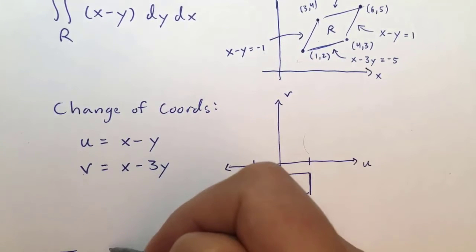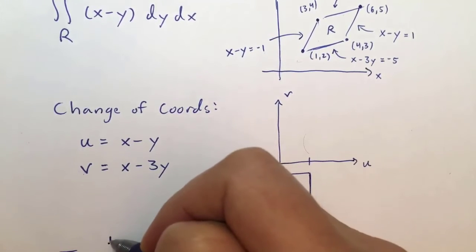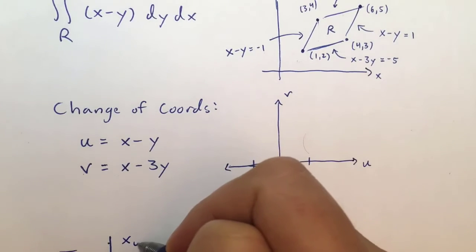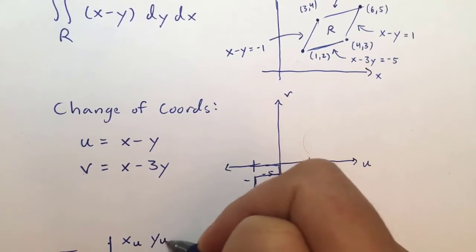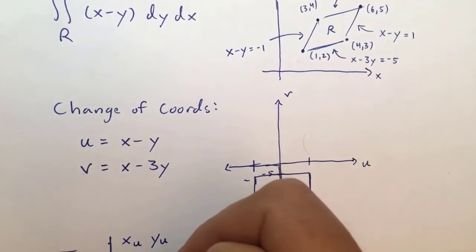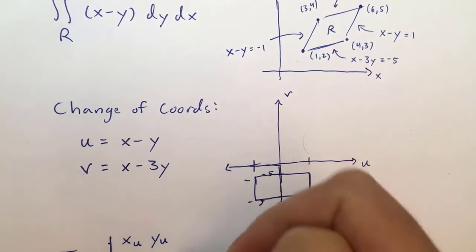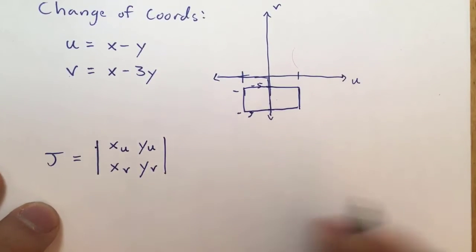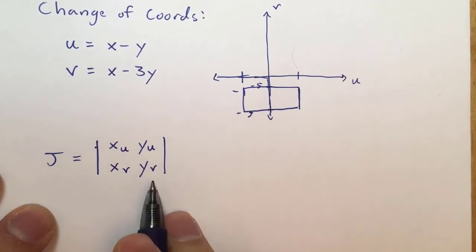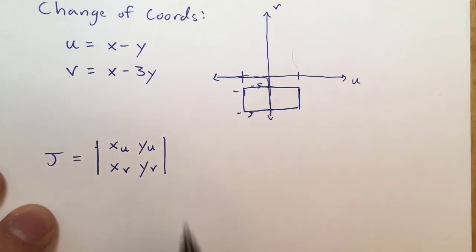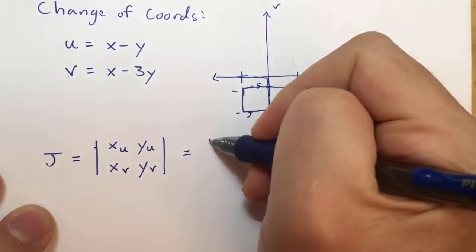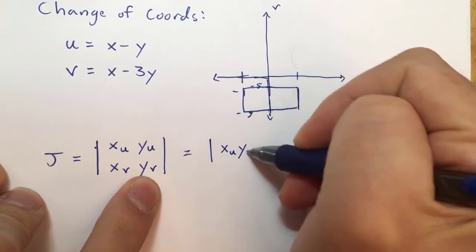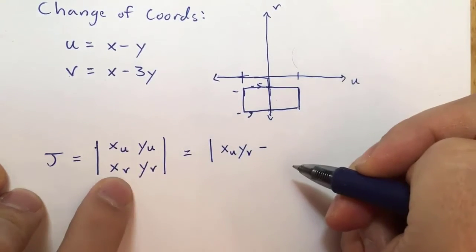One way to think of it is the determinant of x_u, y_u, x_v, y_v. Oh, off the screen, sorry. It's the absolute value of this determinant. So it's the absolute value of x_u y_v minus x_v y_u.